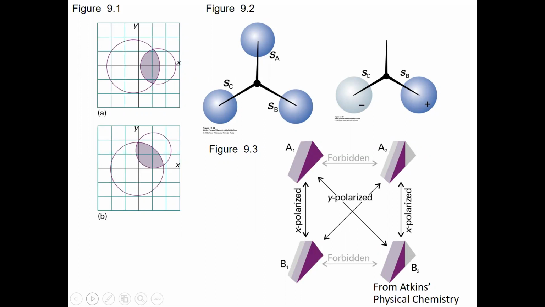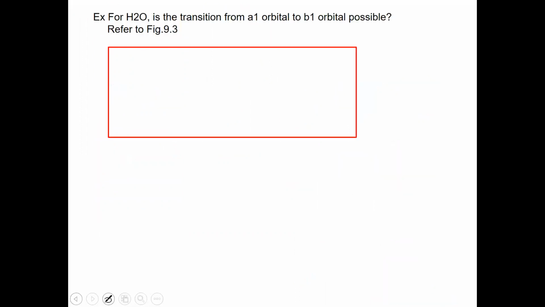We have the options of X-polarized, Y-polarized, and depolarized light, right? And water is in the category of C2V, meaning the molecular orbitals are categorized into A1, A2, B1, B2. So let's check the A1 to B1 orbital.